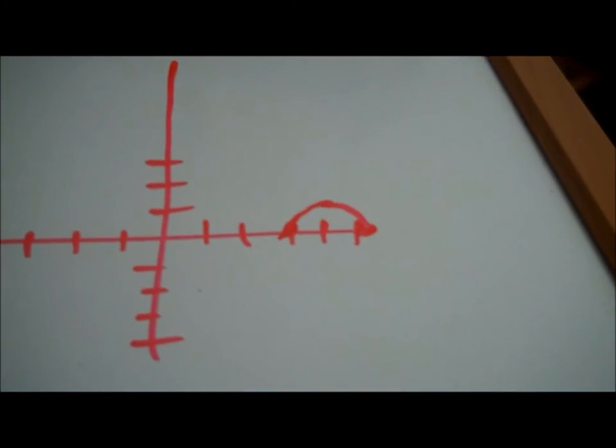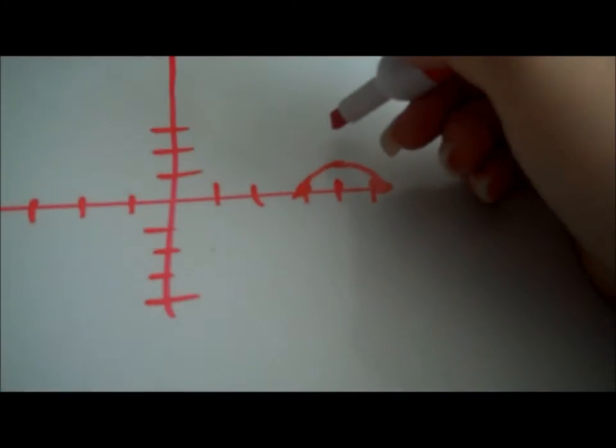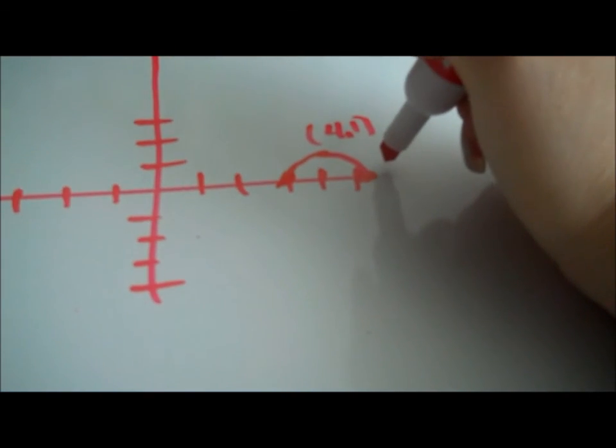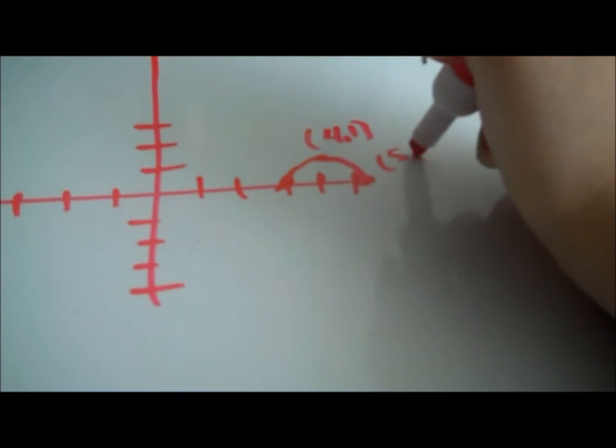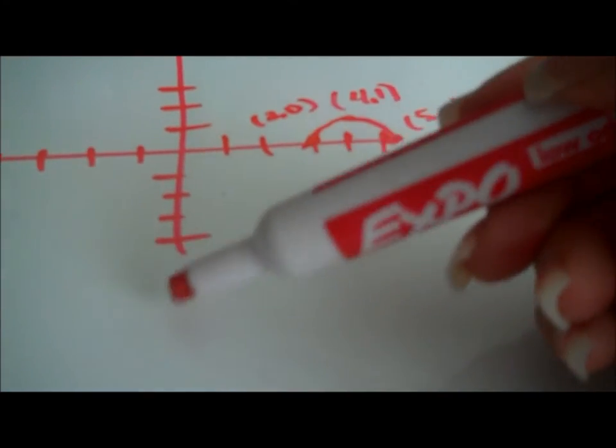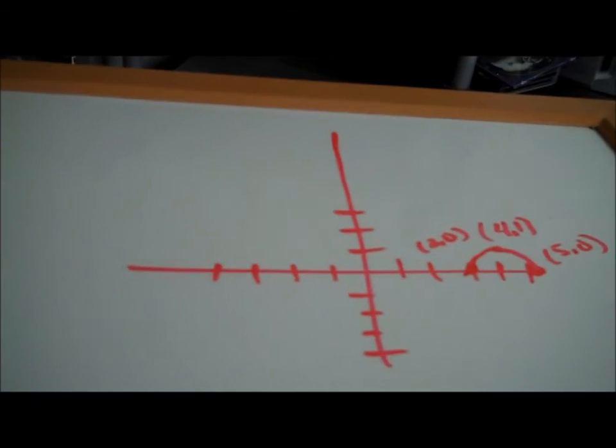We need to find our y-intercept. Our vertex is right here at 4, 1, and then our x-intercepts at 5, 0 and 3, 0. We just have to figure out the y. It's going to be down here a ways, it looks like. So let's go ahead and work that out.